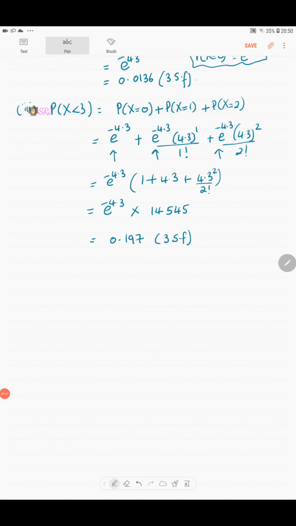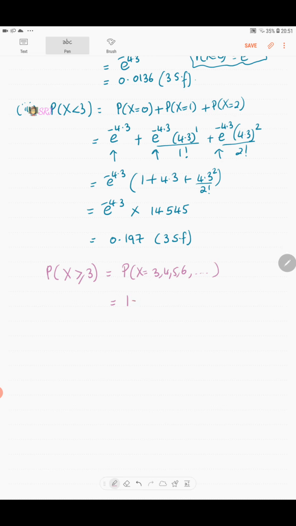Now suppose we had to calculate probability X greater than or equal to 3 for the above Poisson distribution. That is, X takes values 3, 4, 5, 6 up to infinity. So how are we going to calculate all these probabilities? It is impossible to proceed in this way. Rather, we would have to use the complement.